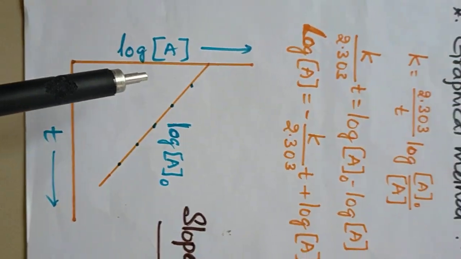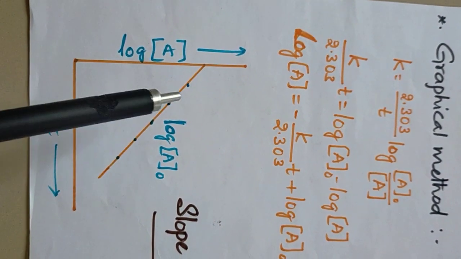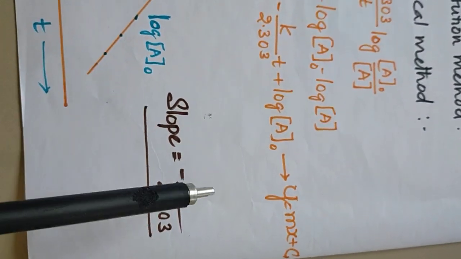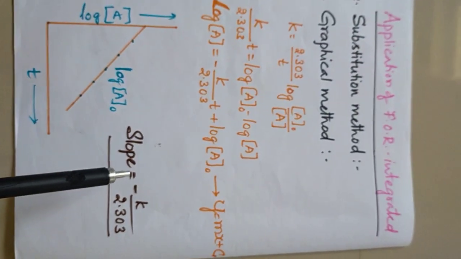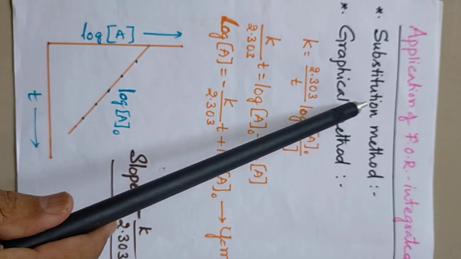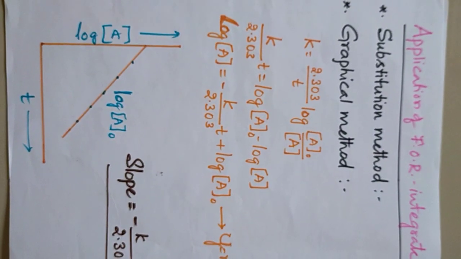Then we plot the graph of log A versus time, and we get a straight line with slope minus k by 2.303. These are the application questions: what are the applications of first order reactions? You should remember the graphical method and the substitution method.